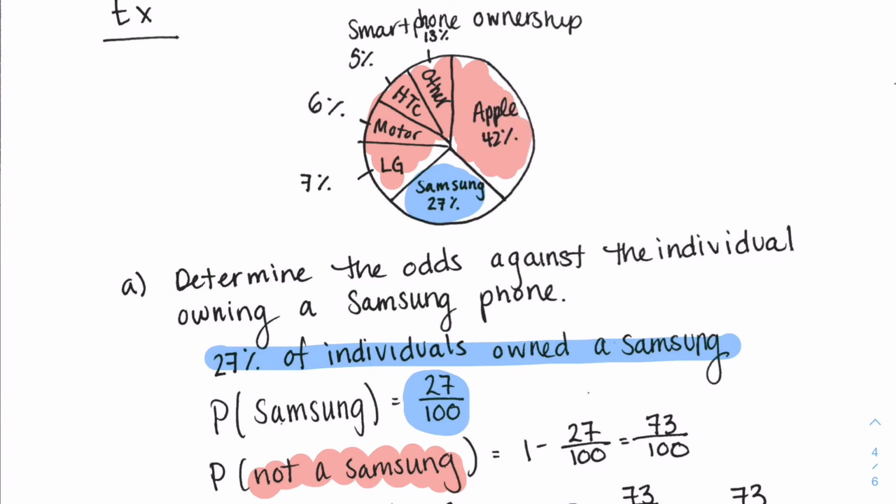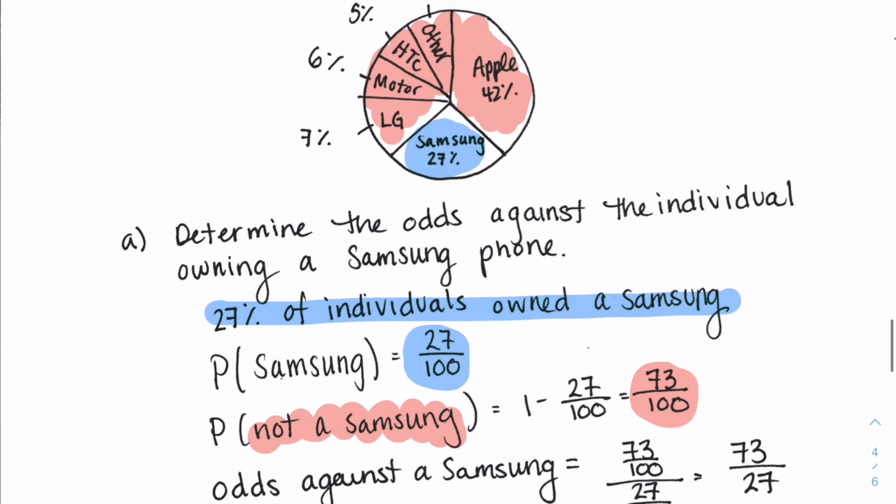So you could absolutely add up the percentage that own Apple, the percentage that own LG, Motorola, HTC, and other, but the simplest way is you do 1 minus the probability of Samsung. So 73% didn't own a Samsung, so your probability of not is going to be 73 out of 100.